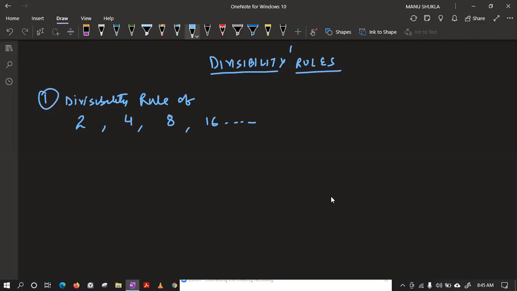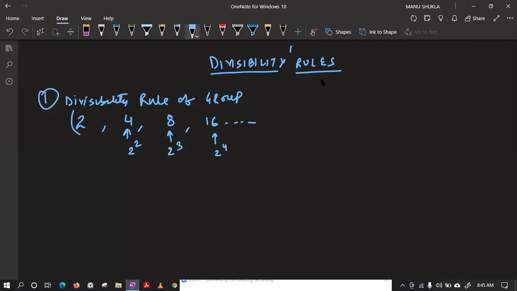Why am I saying this is a group? Because they all have one thing in common: 4 can be written as 2 power 2, 8 as 2 power 3, and 16 as 2 power 4. This is a group that you need to understand, the first group, of 2, 4, 8, 16, and so on.